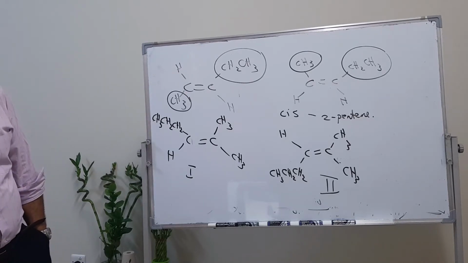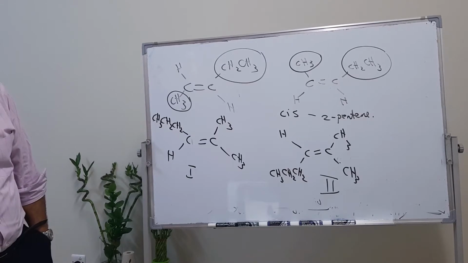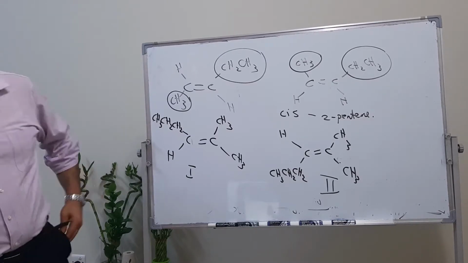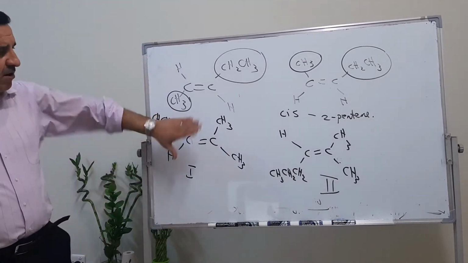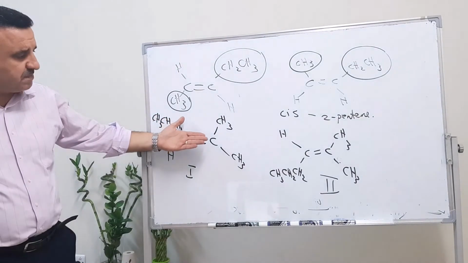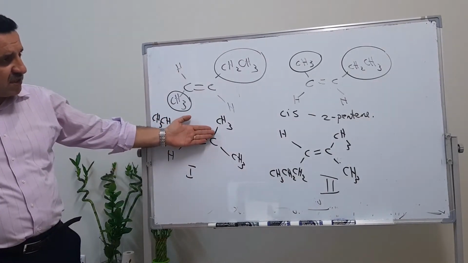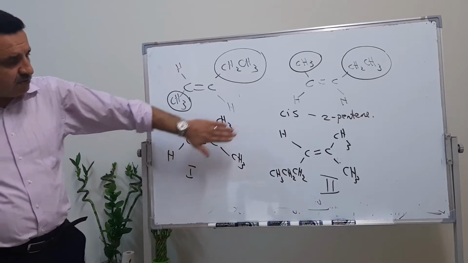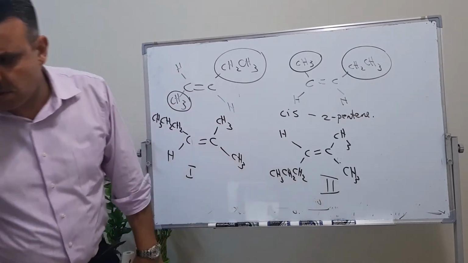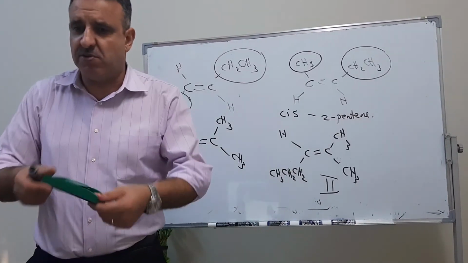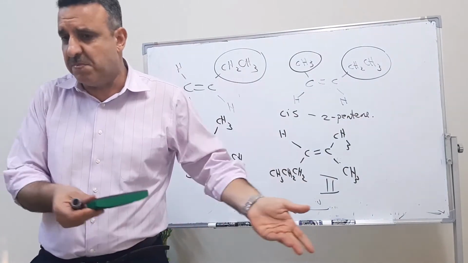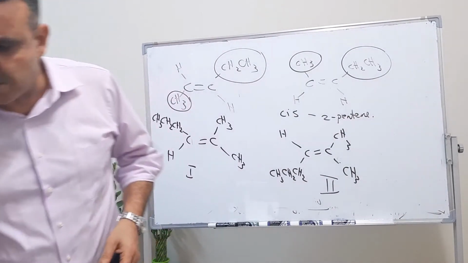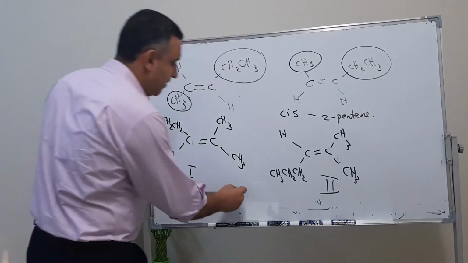Because they are just rotations. Yes, exactly. If you just make a rotation by 180 degrees over the plane, you will get the other one. And of course, with your object, if you flip it, if you rotate it, and you get the other one, that means they are the same compound. So these two are the same compound.